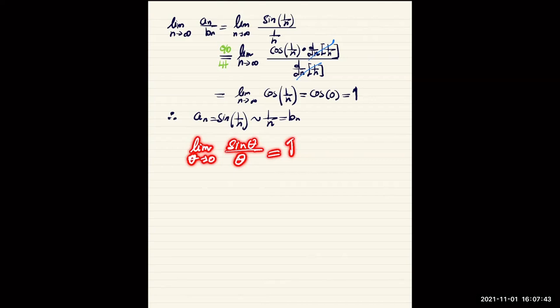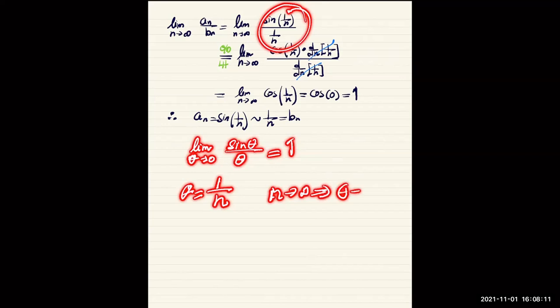Okay, well, what does this have to do with sine of 1 over n divided by 1 over n? Just imagine if I let theta equal 1 over n, and substitute theta equal to 1 over n in here. As n goes to infinity, that is the same as theta going to 0.